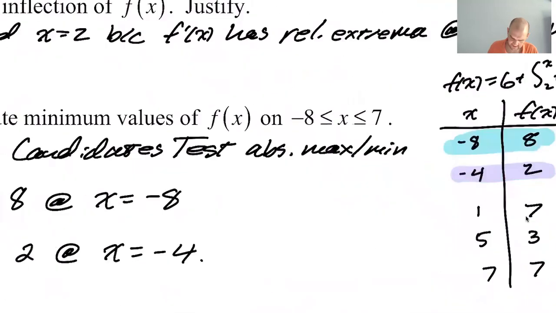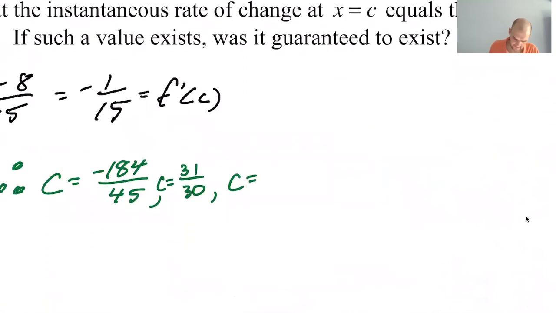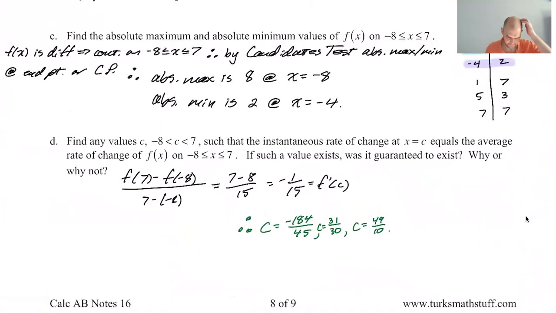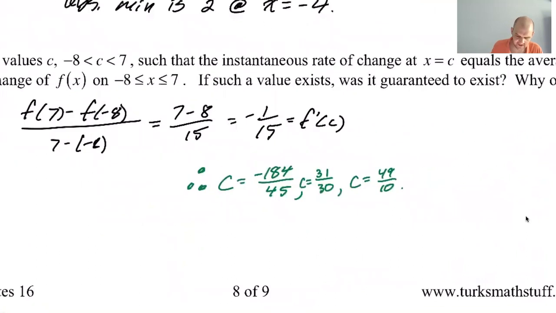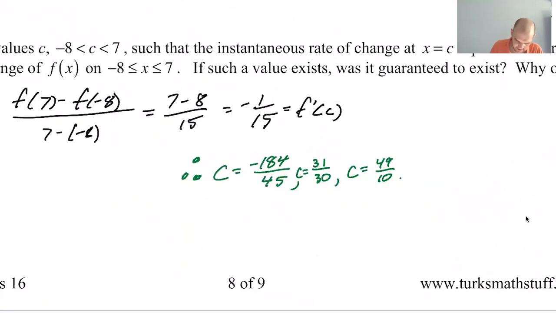So 49 tenths. And then let's decide if these values were guaranteed. So f of x is differentiable and therefore continuous, and therefore the mean value theorem applies. So these were guaranteed.